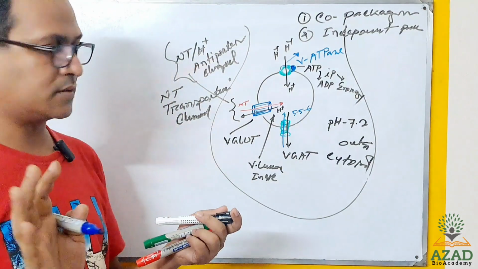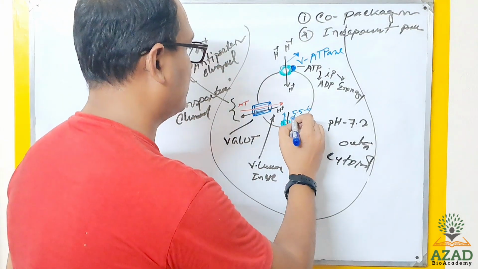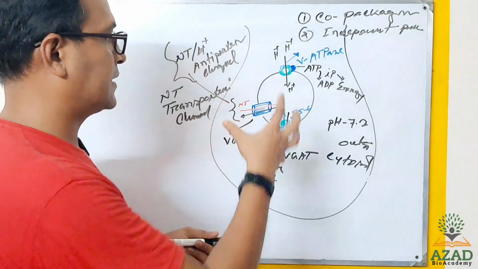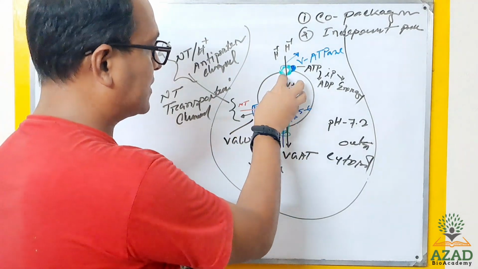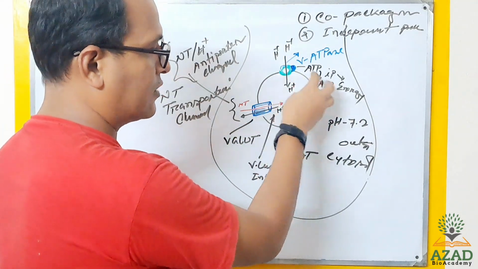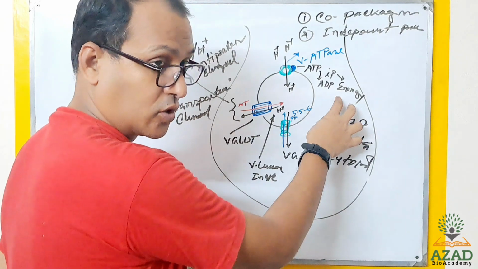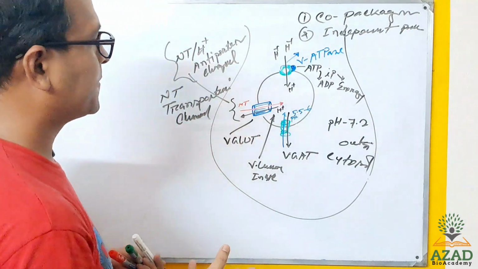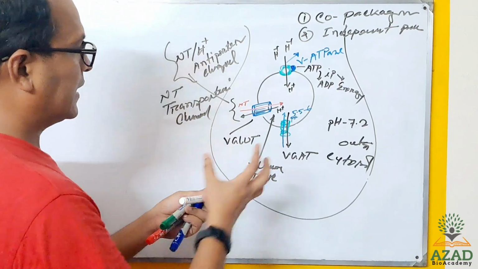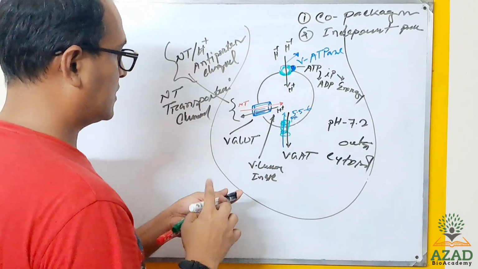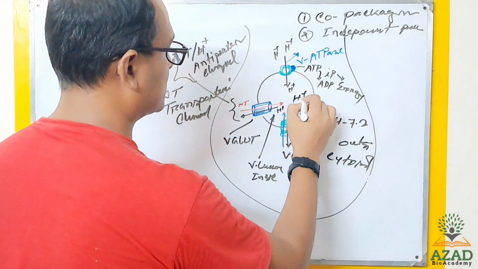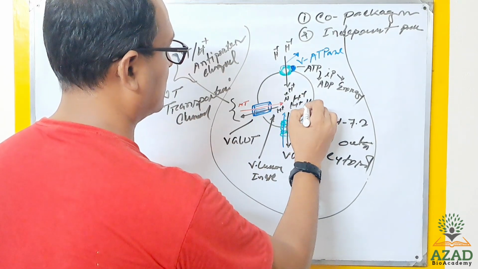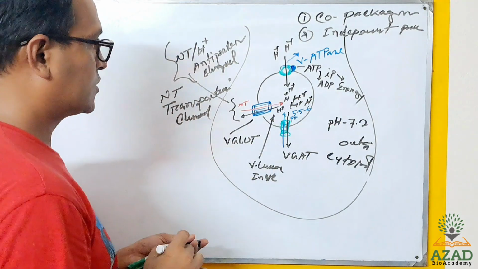That means initially the inside of the vesicle is acidic, and outside of the vesicle, that means the cytosol, is slightly basic. Okay, that means in normal condition, inside the vesicle the number of protons is more than outside. Okay, so then what will happen?